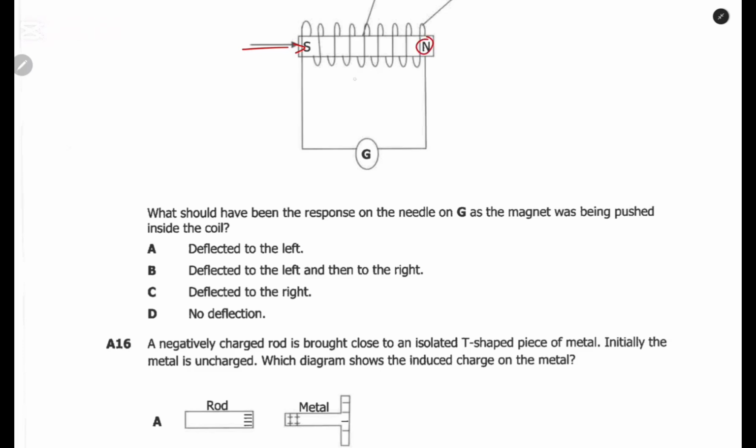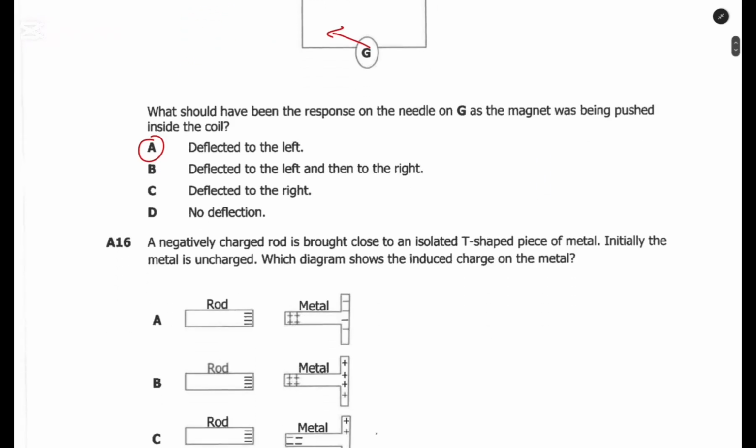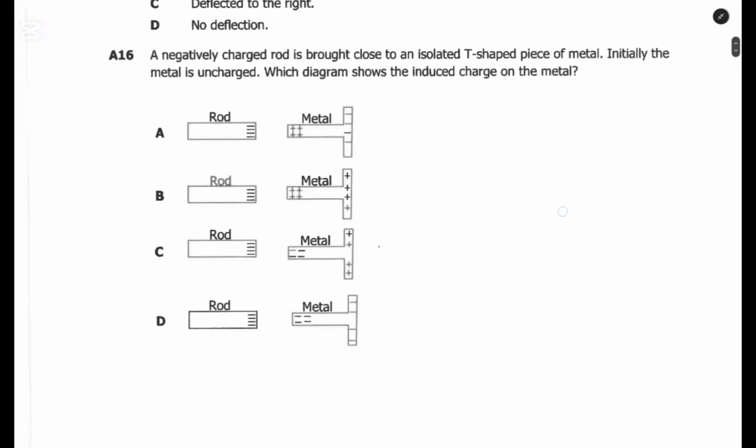When the magnet is pushed into the coil, from the north end, the needle will be deflected to the left. So the answer is A, deflected to the left.